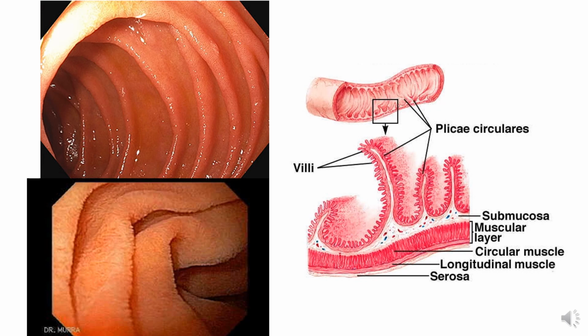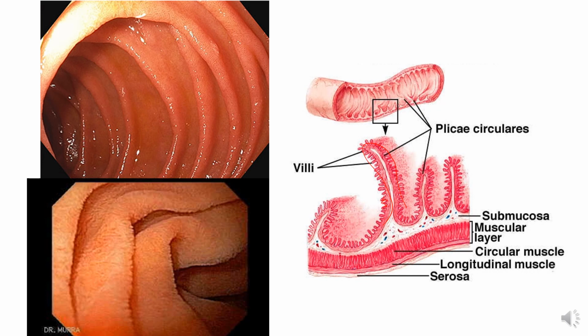Now a further 10-fold increase in surface area is obtained by the presence of villi, which are finger-like projections of the small intestinal mucosa. So here you can see these are finger-like projections of the mucosa of the small intestine. Here these are the villi.